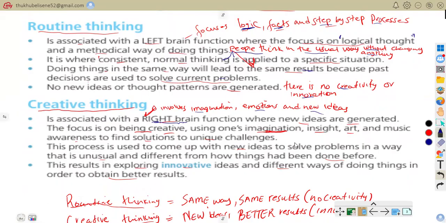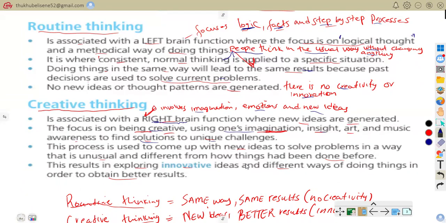Further on, it says the focus is on being creative, using one's imagination, insight, art, and music awareness to find solutions to unique challenges.